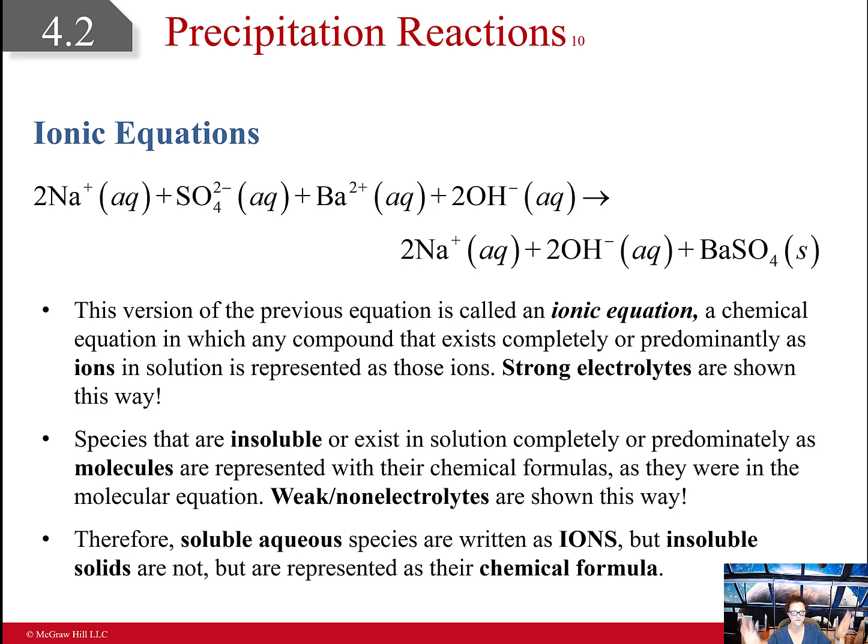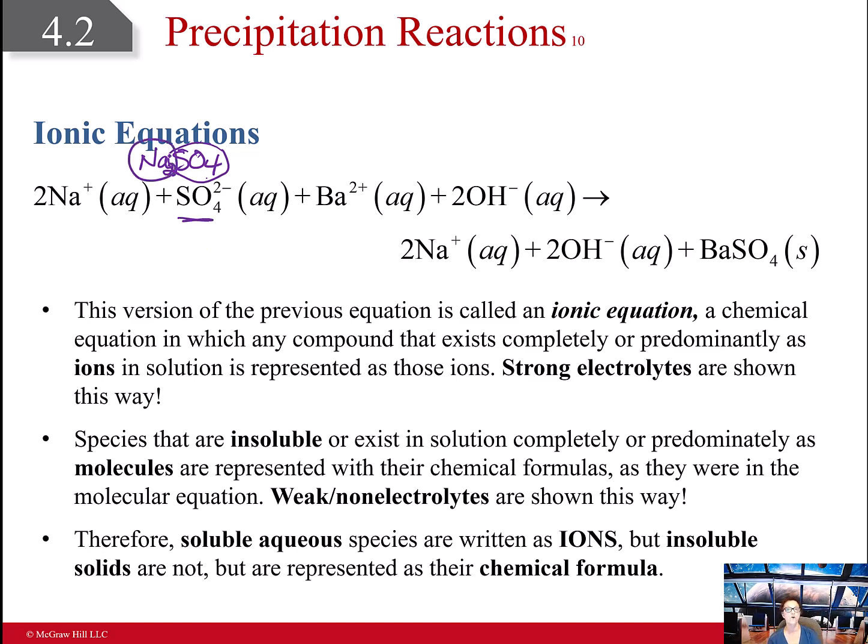So if we had the molecular formula earlier, when they go into solution, they're going to ionize, okay? So if you have Na2SO4, you're going to account for those ions. So you have one SO4 2-, but you have two sodiums.